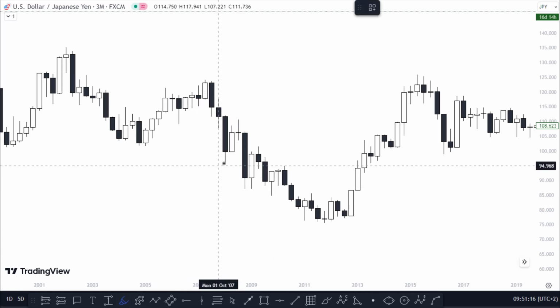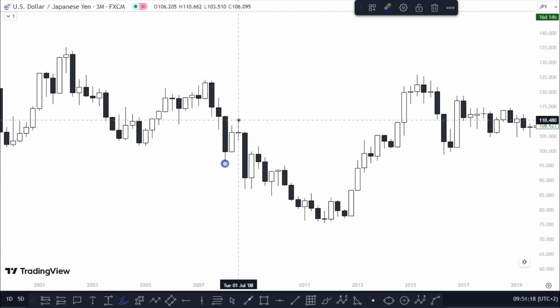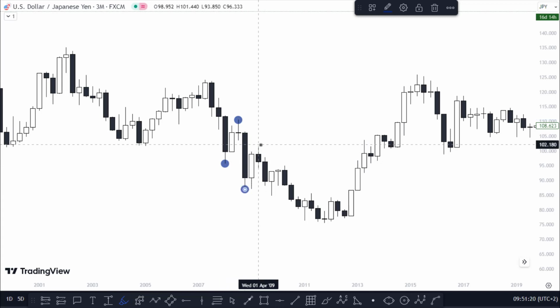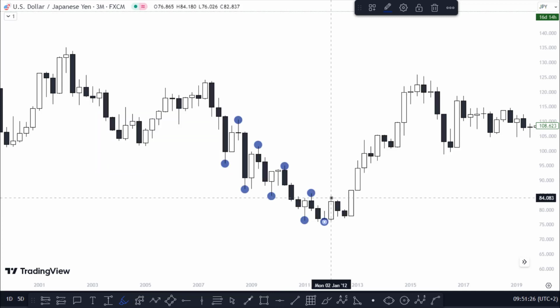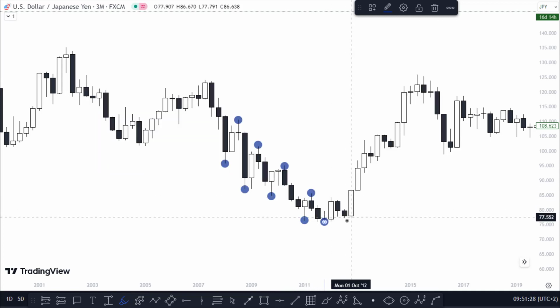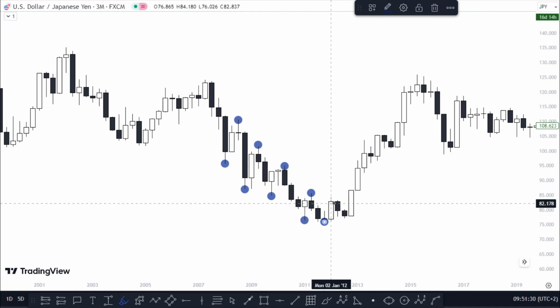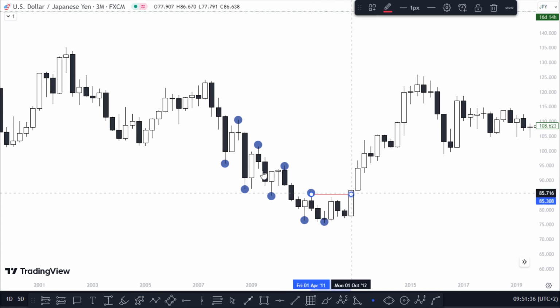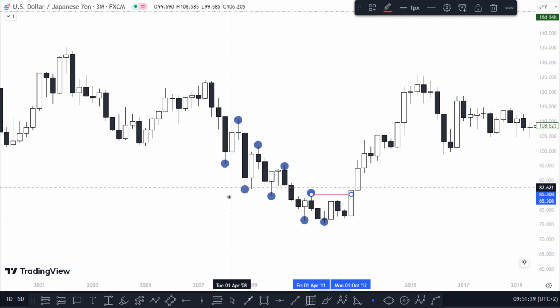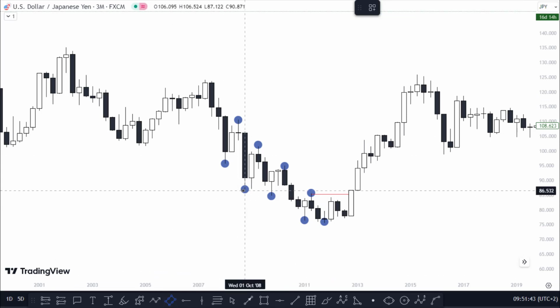Now, if you look at this structure, you can easily see that you have a low, a high, a low, a high, a low, a high, a low. This is not a high, because it failed to create a low. Because you got a breakout structure here. You understand?